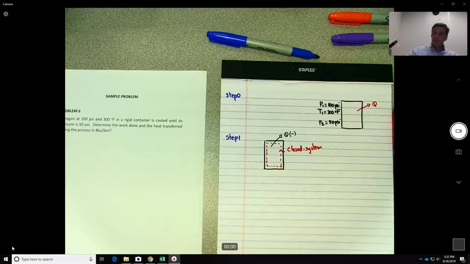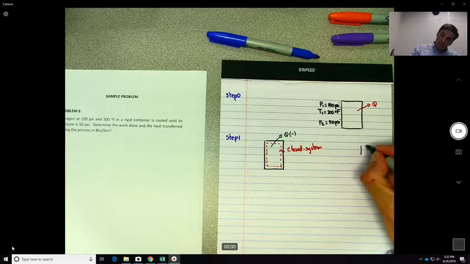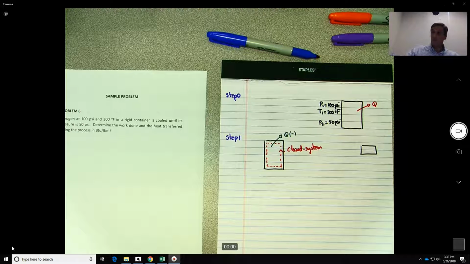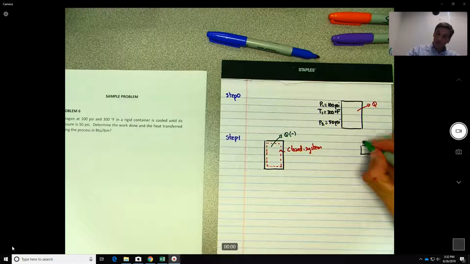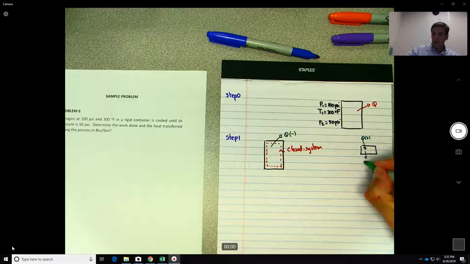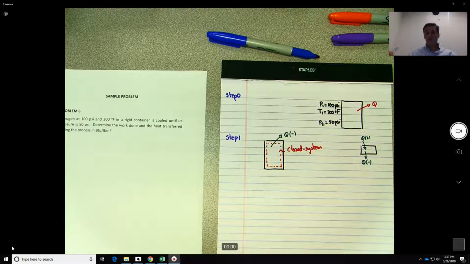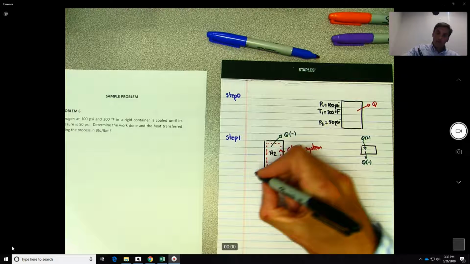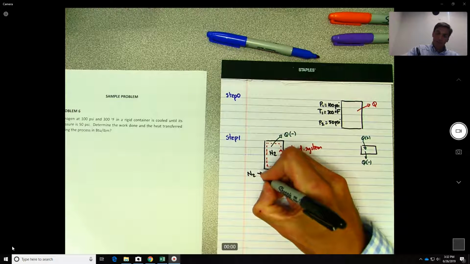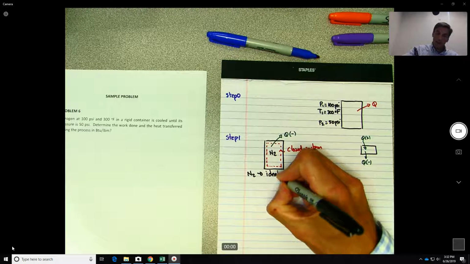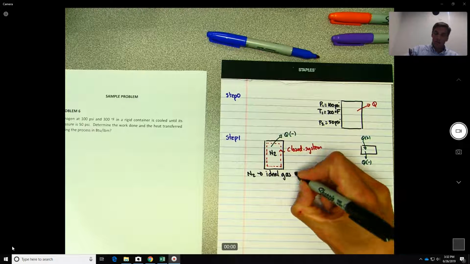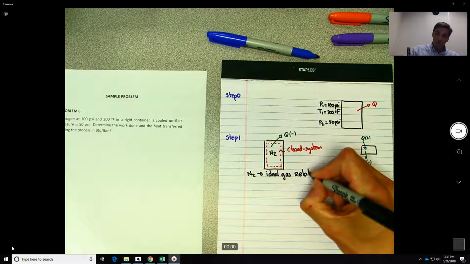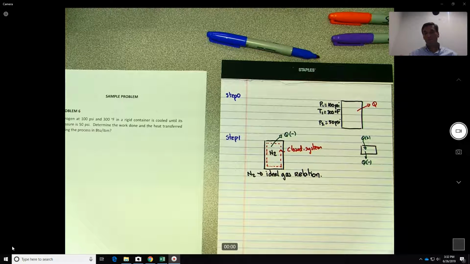If you remember the sign convention for heat in a system, it is positive going in, negative coming out. And we know we deal with nitrogen, so if we need, we can use the ideal gas relations.